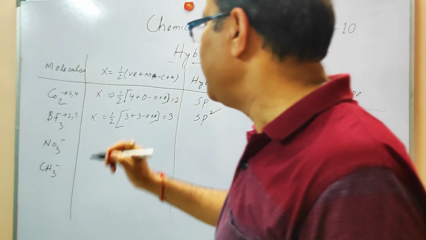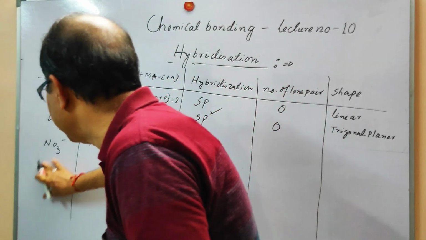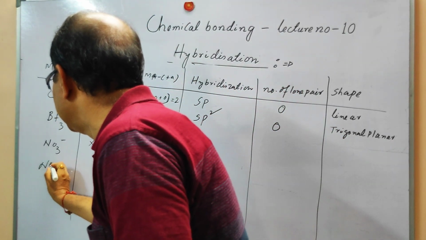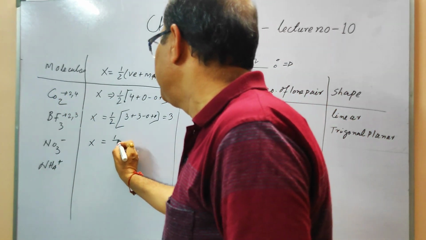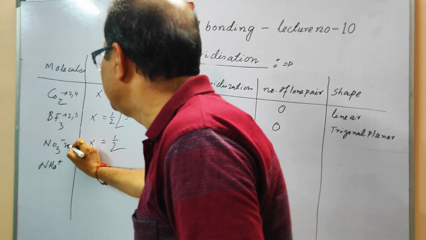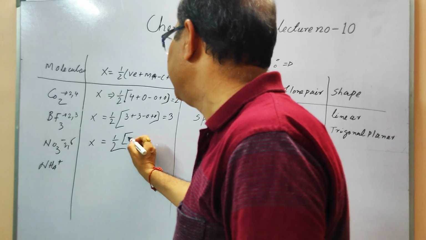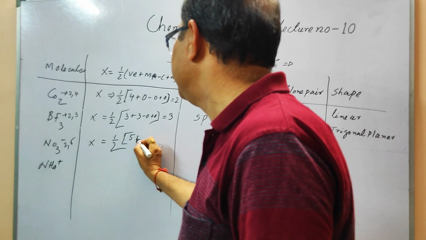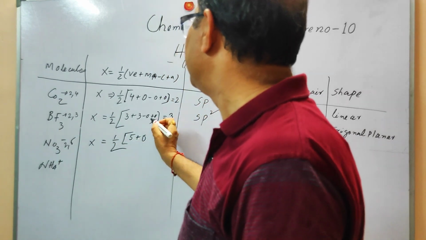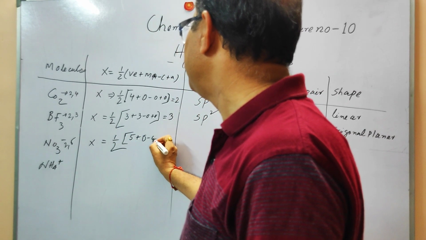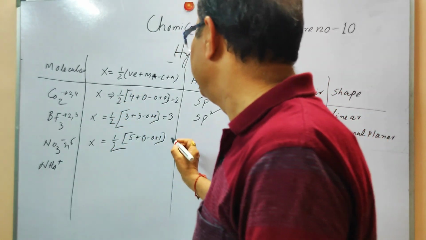Okay, NO3 minus. This is an anion. Suppose we take a cation also. N we know has 2 and 5, so it has valence electrons 5, plus 0 monovalent atoms, and here it is an anion, so you have to add 1 electron.